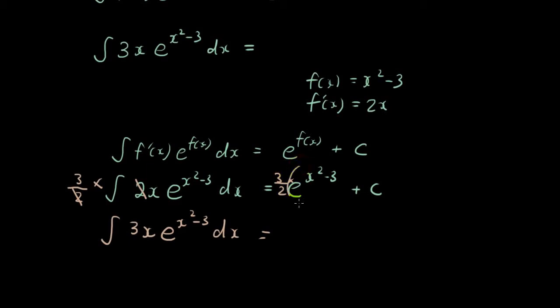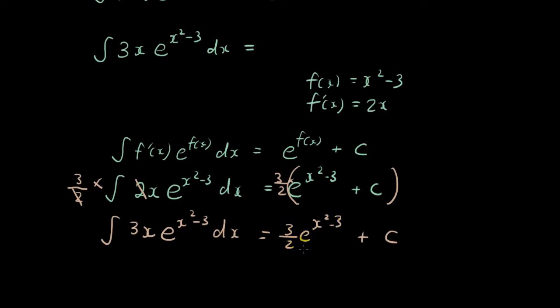Technically, you're multiplying the whole side by 3 over 2, so you should be writing e to the power of x squared minus 3 plus 3 over 2 c. But because c is a constant, we can just say c. Because c can be any number, there's no point in writing 3 over 2 c, because c can already be anything. So now there is the final answer.